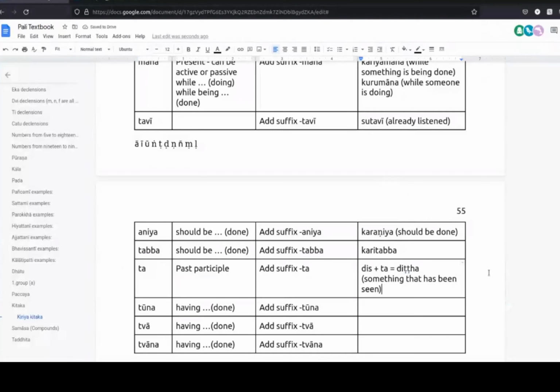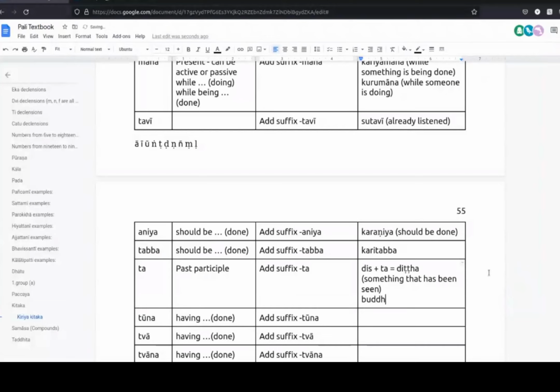So dita could be someone who saw something, but it usually means something that was seen. Buddha means someone who has known, has come to know. You usually say someone who knows, but past participles aren't always literally translated as something in the past; it's someone who has acquired that.